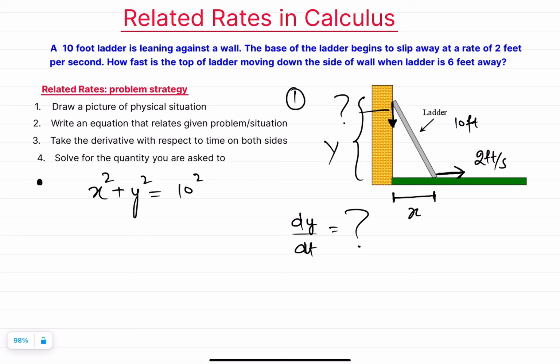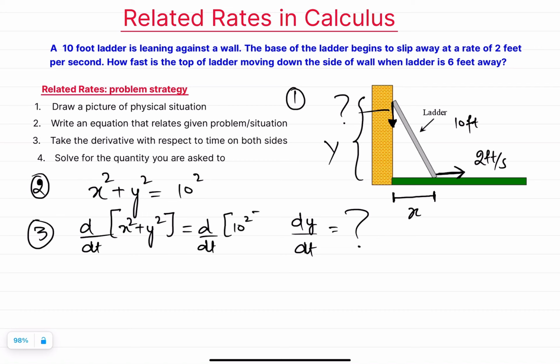It's part 2. Now we will take the derivative on both sides. d by dt, with respect to time, of x square plus y square is d by dt of 10 square.